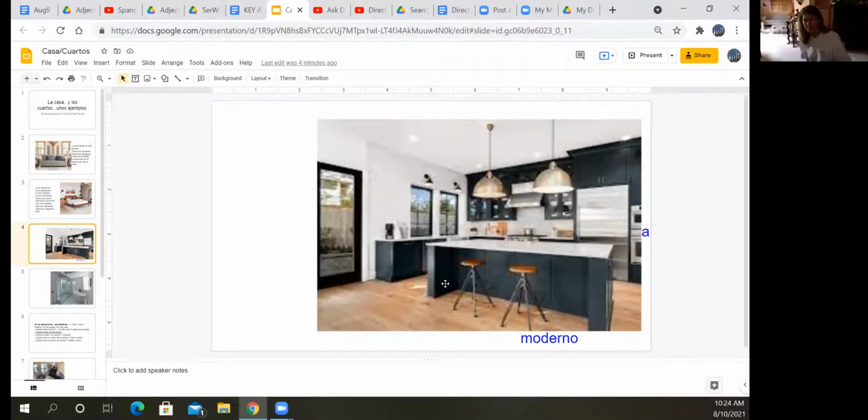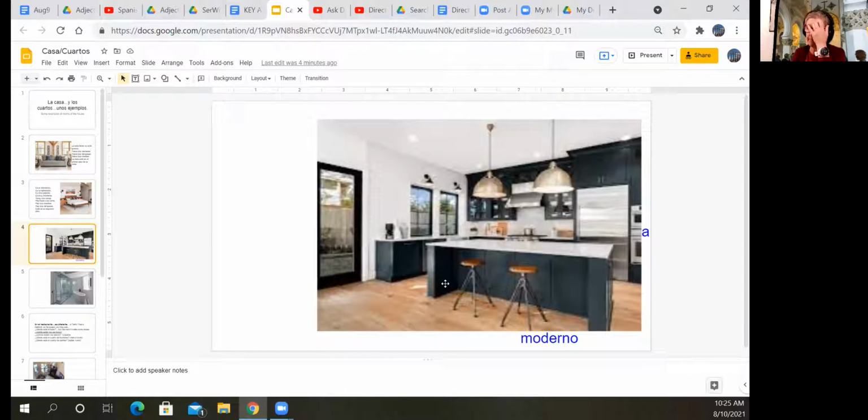Sí, tiene una puerta. ¿Tiene ventanas? ¿Tiene 2 ventanas? Tiene 2 ventanas. Hay 2 ventanas, ¿sí? ¿Tiene lámparas? Tiene 2 lámparas.